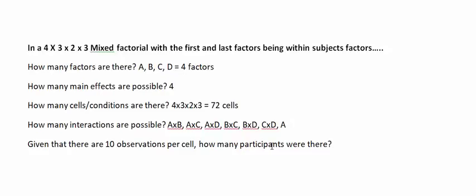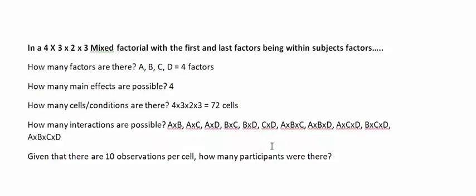And then we have A times B times C. We have A times B times D. We have A times C times D. We have B times C times D, and the last one is the 4-way, A times B times C times D. Okay, so if we count those up, 1, 2, 3, 4, 5, 6, 7, 8, 9, 10, 11.